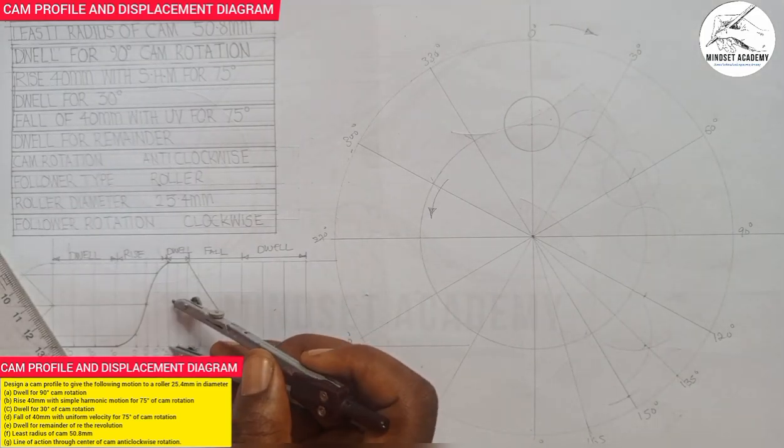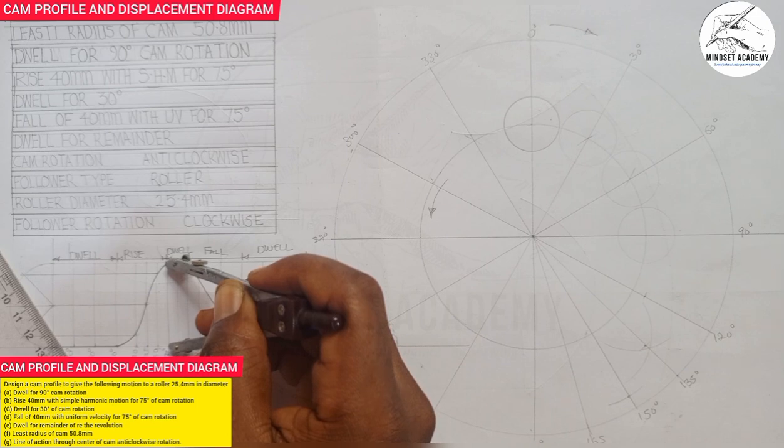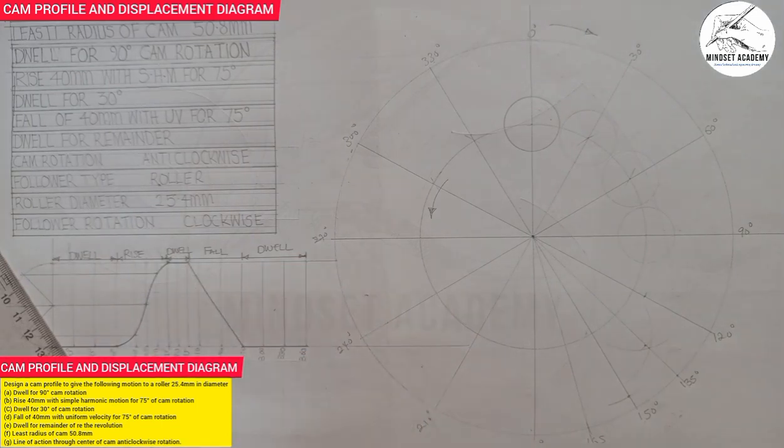This is 165 from here, touching just the main point here. So it's dwelling from 165, right? Don't forget this is 165 here. It's dwelling from 165 to where?